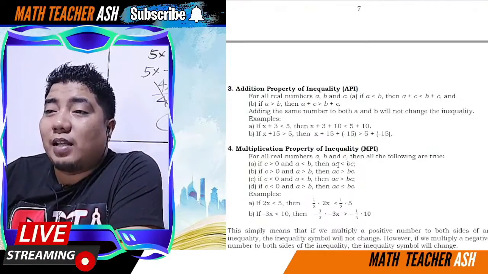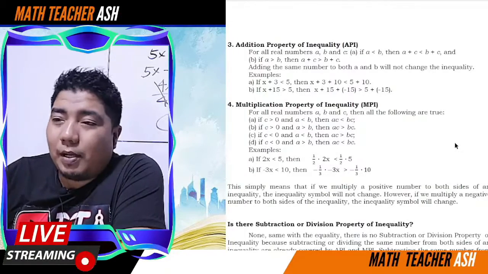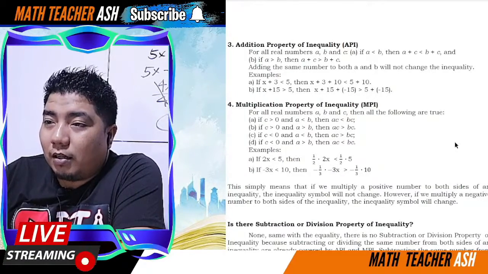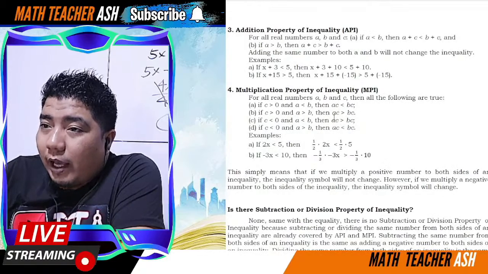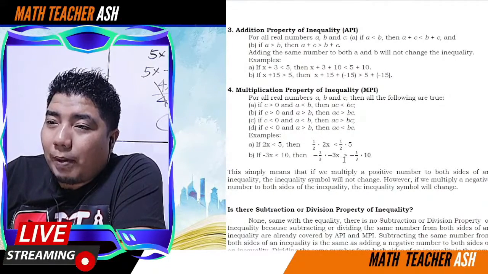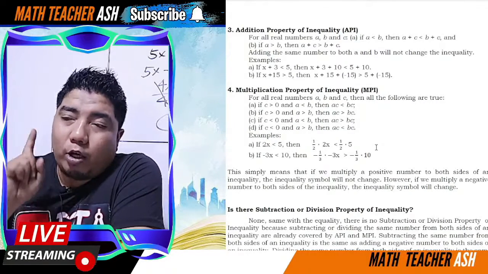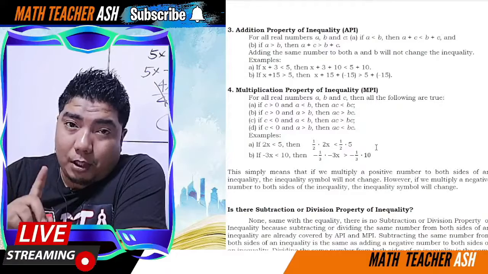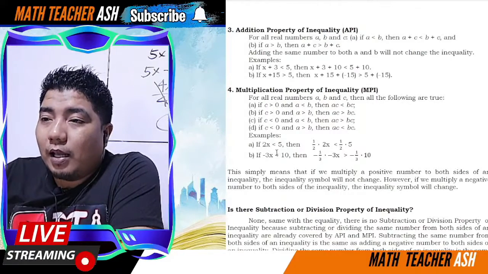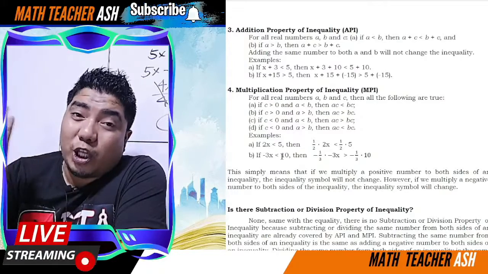Okay, we also have the addition property and multiplication property. The same concept lang din kanina. Okay, but there is a but here. In the multiplication property, when you multiply or divide a negative number, the sign or the inequality symbol will change.